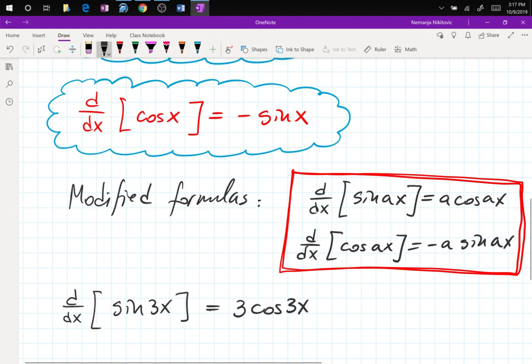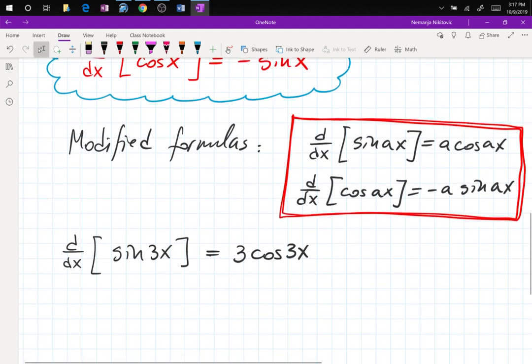Therefore, in the answer, that a gets replaced by 3, and you have 3 cosine 3x. So most of the problems will actually have those a's. Just like you don't have e to the x that often, but you have e to the 2x, e to the 3x, and so on.